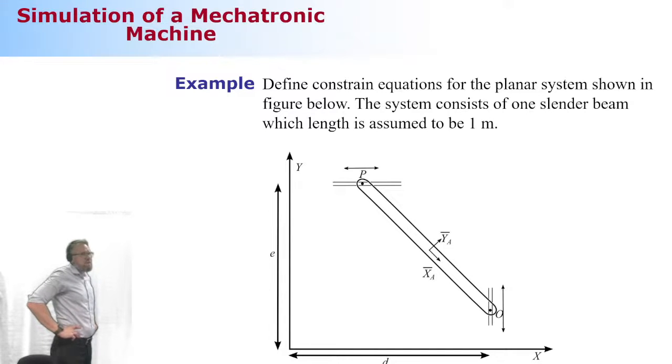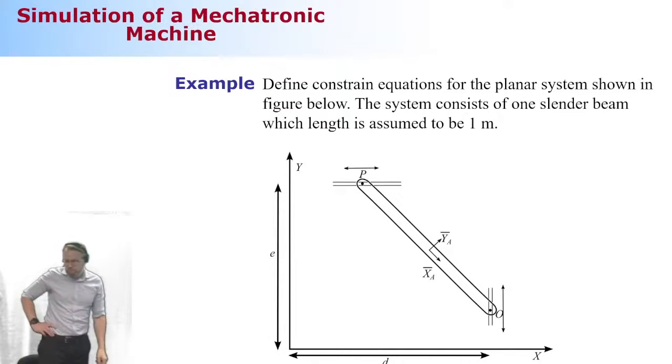I'm not going to emphasize that, because for you it's enough if you can deal with the revolute joint and the primitive joints. That's pretty much all that is needed. All right, here I have an example. This is a planar beam-like body, constrained by using primitive joints at both ends.